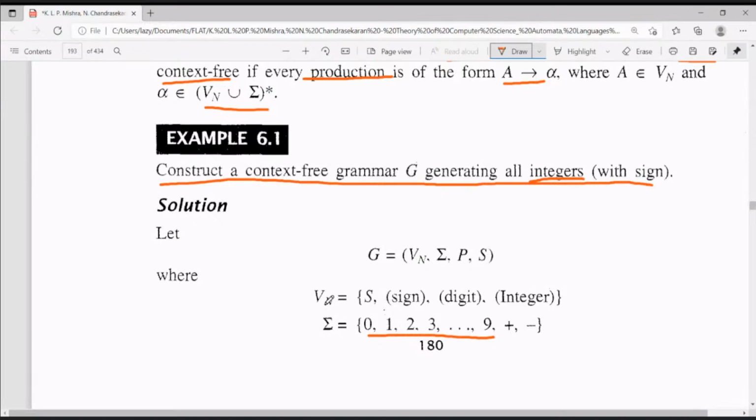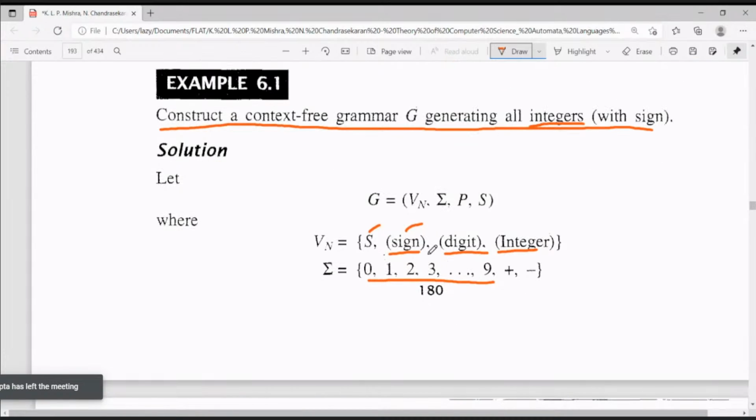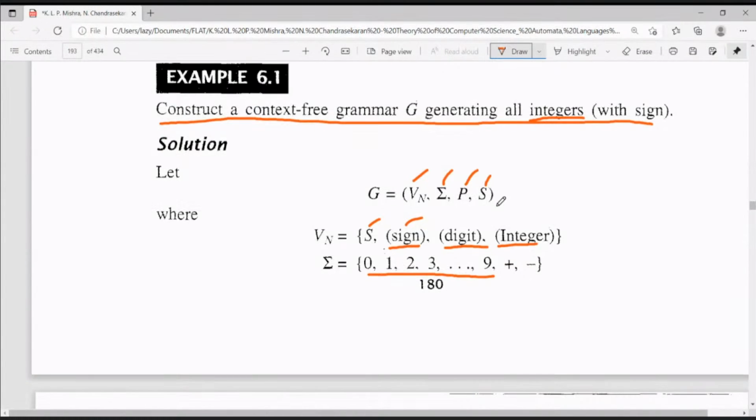And what is Vn? The set of variables. S is the start symbol, sign is plus or minus, digit is 0 to 9, and integer represents the number. So we have variables, a set of terminals, production rules, and S is the start symbol.